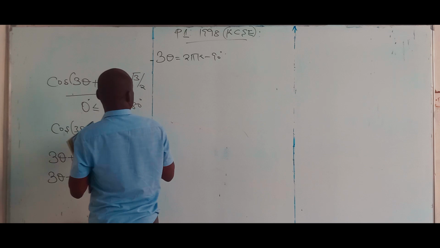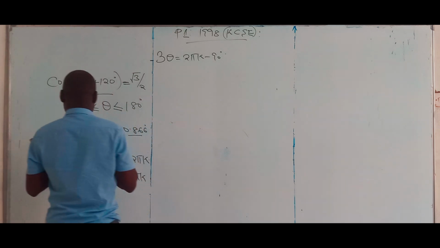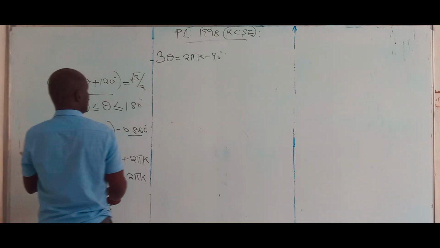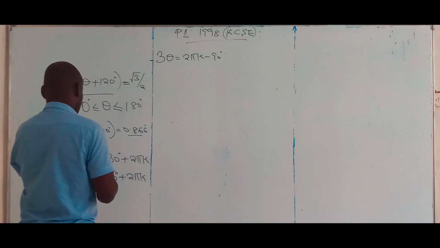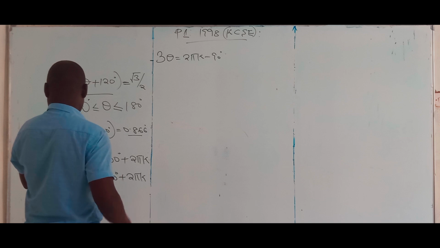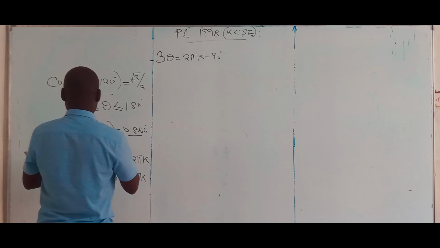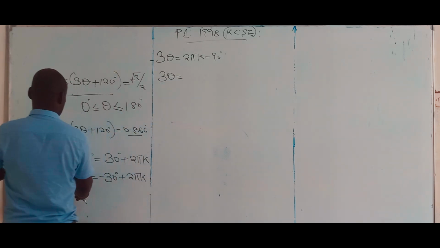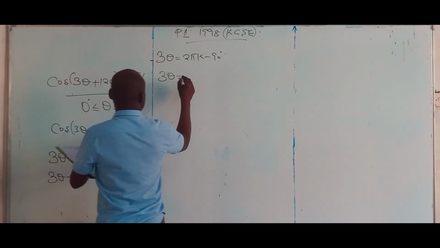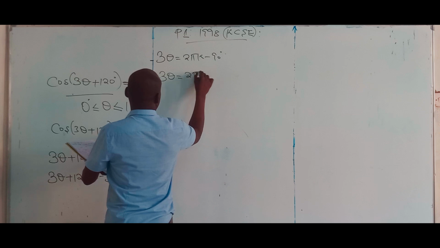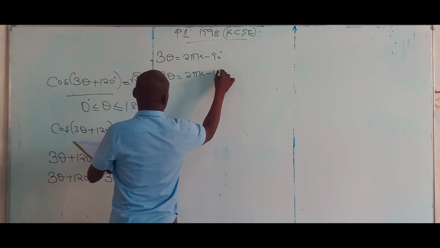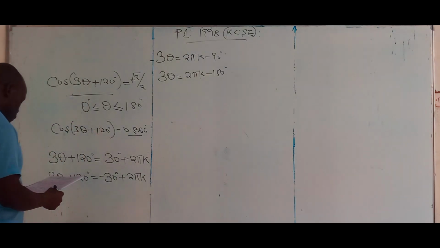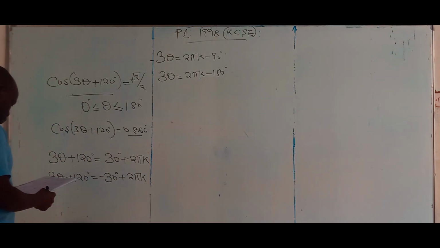For the other case, 3 theta is equal to 2 pi k minus 150 degrees. So we have two possibilities.